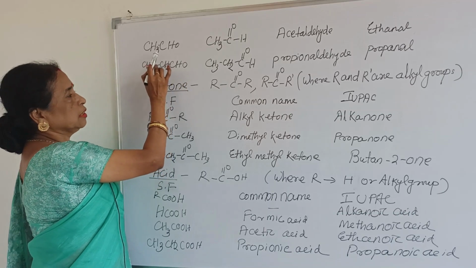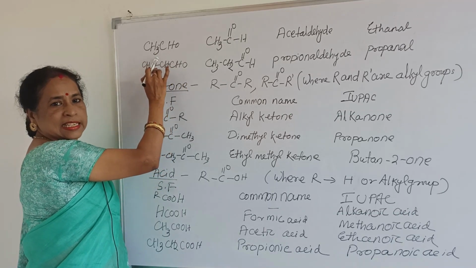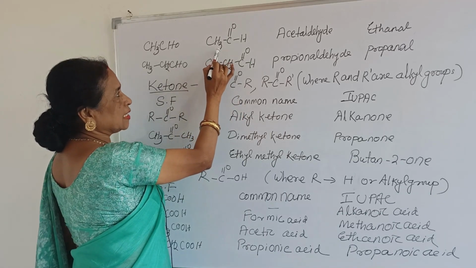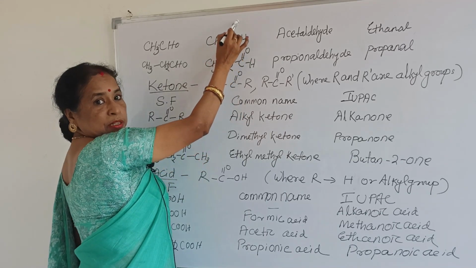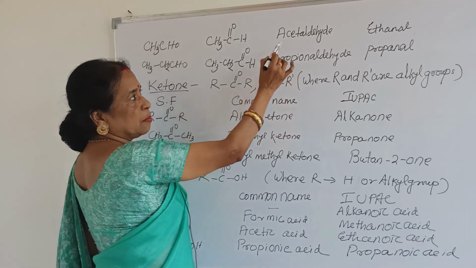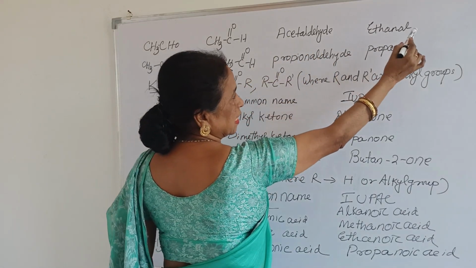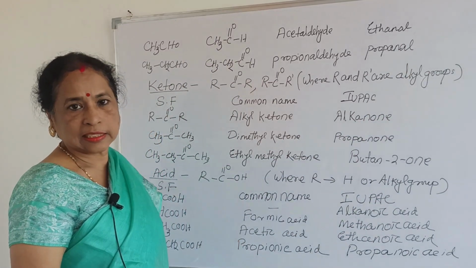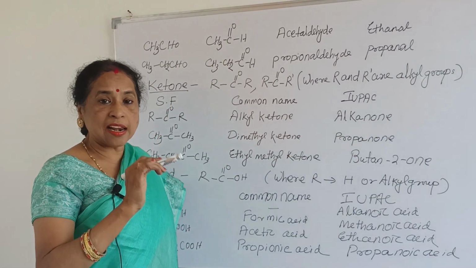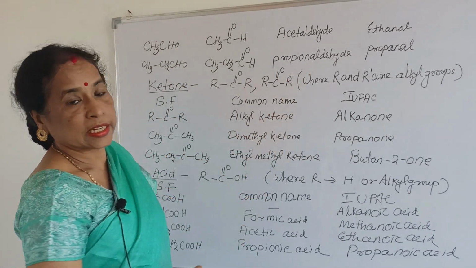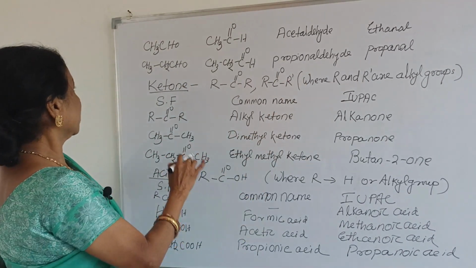Next compound in aldehyde is CH3CHO. You can write here CH3C double bond O H. By common name, it is known as acetaldehyde. By IUPAC name it is known as ethanal. Since IUPAC name is alkanal, and there are 2 carbons, that is why it is known as ethanal.